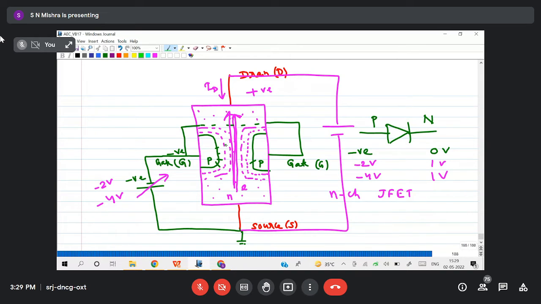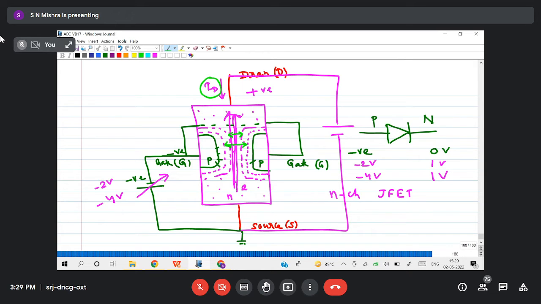Initially my channel width is from here to here. Now what is my channel width? Reduced. Channel width will reduce, which means the number of carriers passing from source to drain will also reduce. Yes, sir. And current flow will be low. Drain current will reduce.